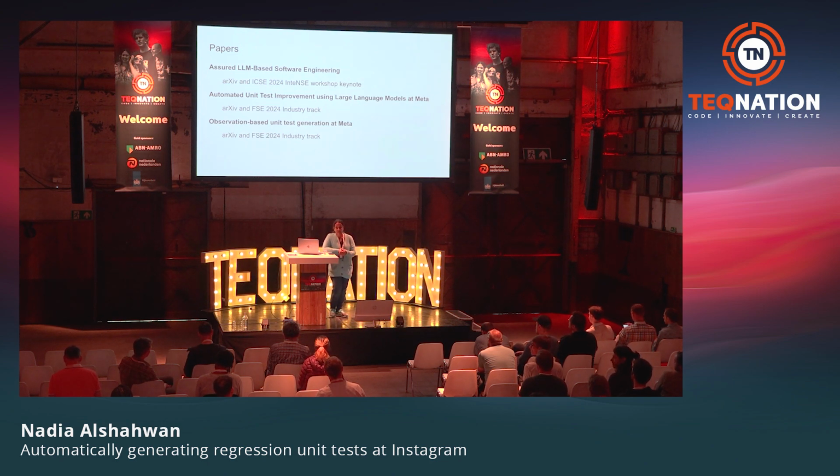You mentioned the line coverage. In TestGen, it has more coverage if you compare it with human-generated tests. But I'm curious, have you used any mutation testing to check the quality of the tests created by TestGen?